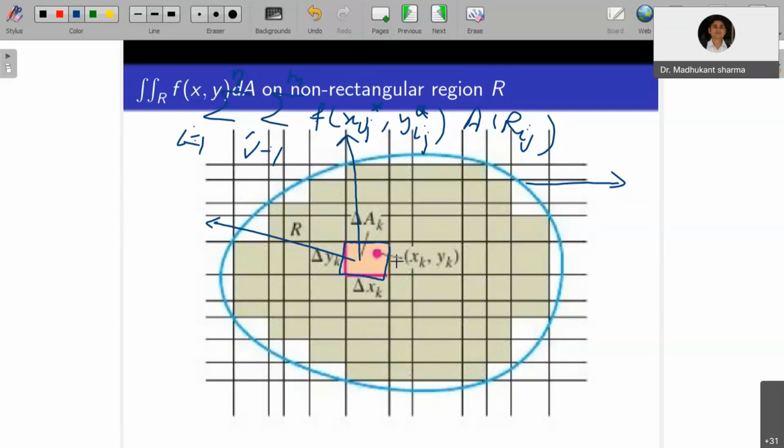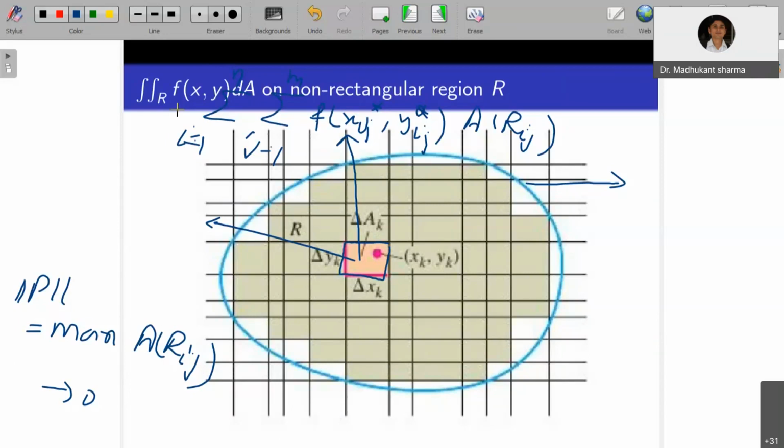So norm P is equal to the maximum area of the rectangles: you take the maximum over the areas. If that tends to 0, meaning n tends to infinity and m tends to infinity, that will give you the double integral over the rectangular or non-rectangular region.